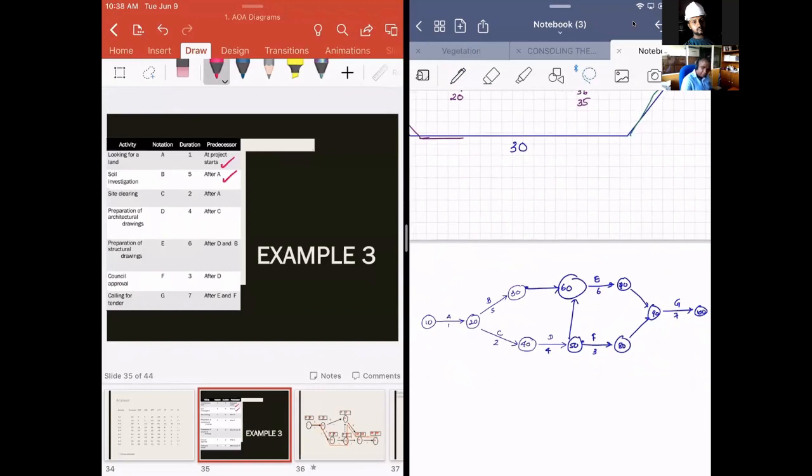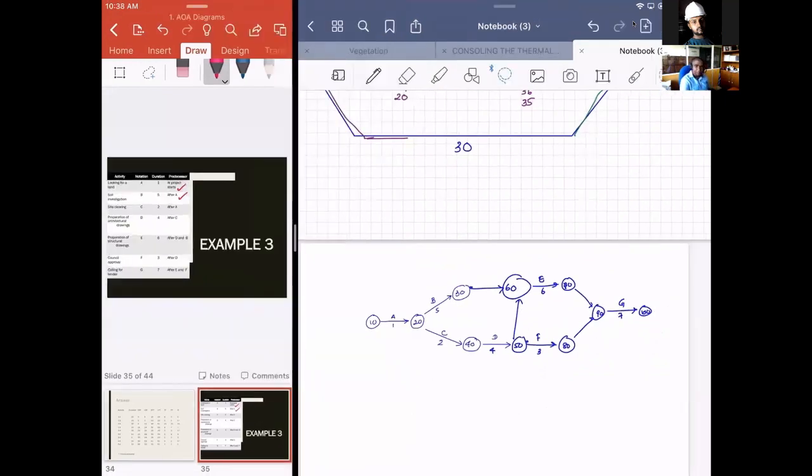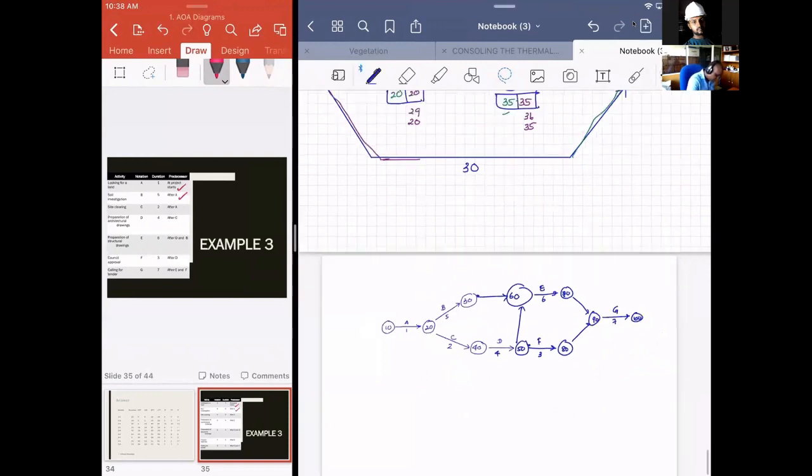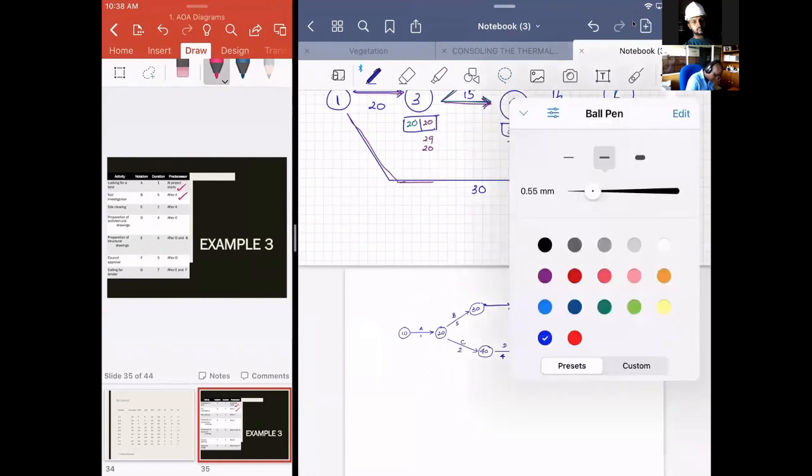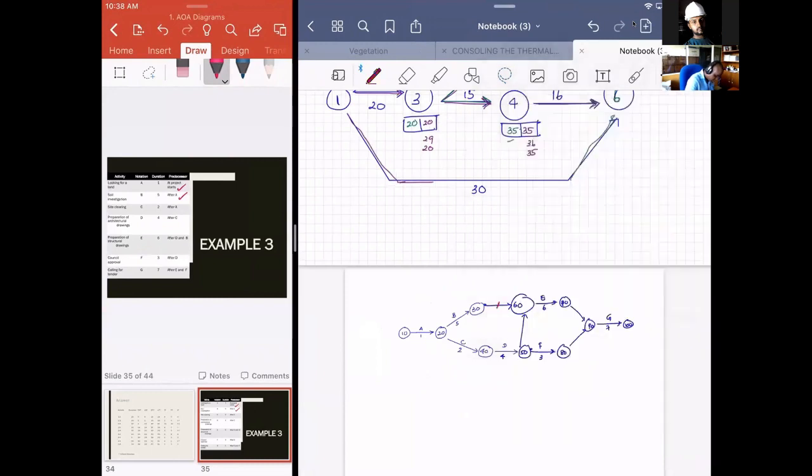Okay, you calculate this and your answers will come. But there are some issues. Now here, these 4 activities. See these 4 activities. 1, 2, 3, 4. Those activities, we don't have a duration.